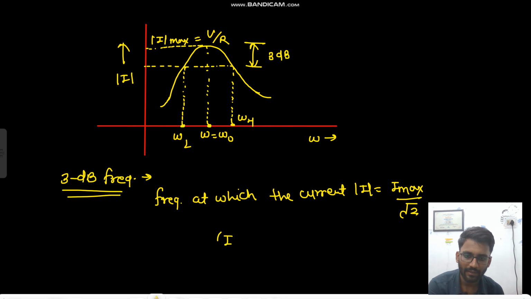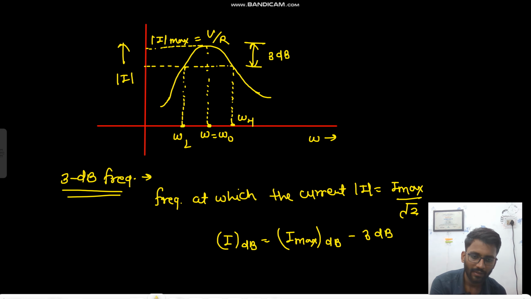It means the current in dB is I max in dB minus 3 dB. If you convert 1 by root 2 into dB, it will be 3 dB. So at the 3 dB frequency, your current will be equal to I max by root 2, that is V by root 2 R.